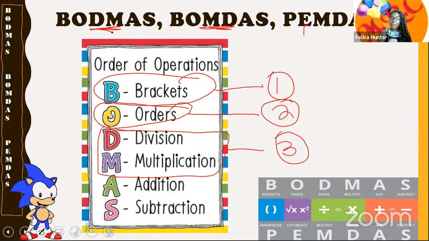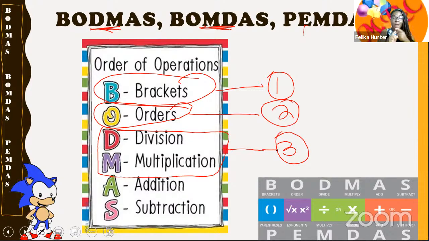If you see division first, you do division first. If you see multiplication first, you do multiplication first. Whichever comes first, coming from left to right, just as how you read from left to right, that's the order.